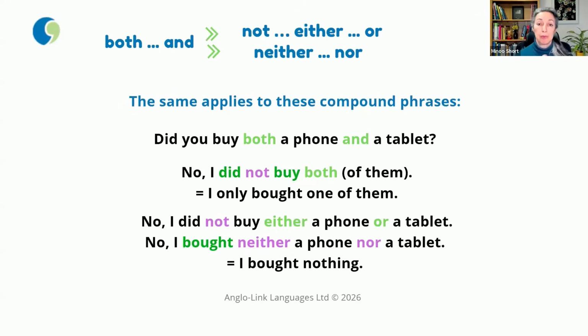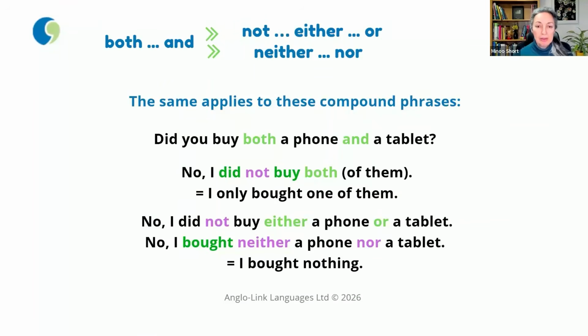So negative verb with both means I only bought one. If you now say, I did not buy either a phone or a tablet, it means you bought nothing. So in this case, you can also use the negative compound phrase, neither nor. I bought neither a phone nor a tablet.